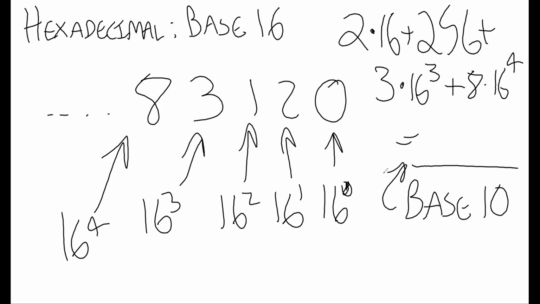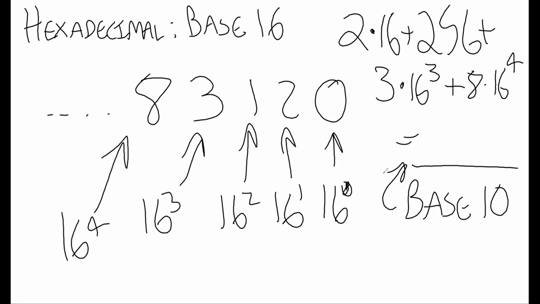The only thing that is weird about hexadecimal is that, well, if this first place goes up to 16, I need to be able to put up to 16 in that one place, right? But I can't because it's one place.